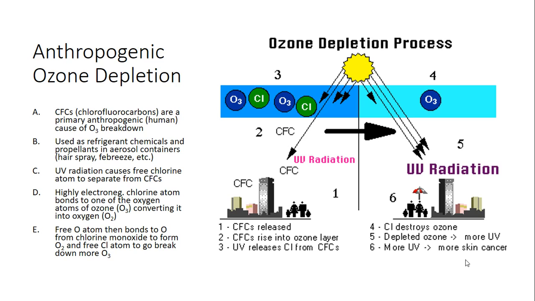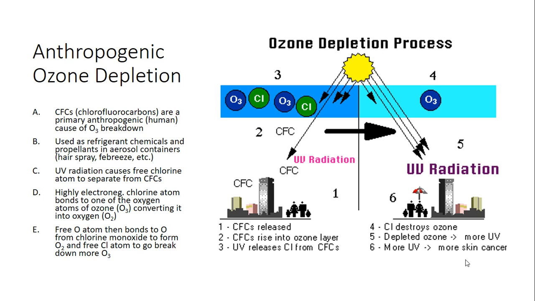Because they contain elements such as chlorine, a very highly electronegative atom, meaning it really likes to pull electrons towards its nucleus, when we have CFCs in the stratosphere, which contains ozone or O3, the chlorine strips away an oxygen atom from that O3, turning it into oxygen gas. Then that free oxygen atom can bond to the chlorine, making chlorine monoxide, and then continuing to be lysed by the UV radiation, that chlorine atom can break down more and more ozone, turning it into oxygen gas or free oxygen atoms.